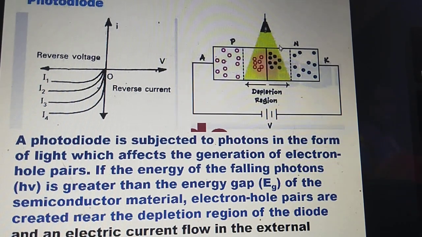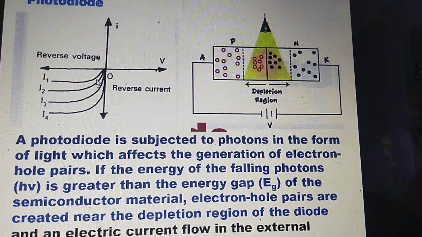Now what will happen? When there is a battery, current flows positive from the hole side to the electron side, so it will flow in the direction of the reverse bias. It will add to the leakage current.